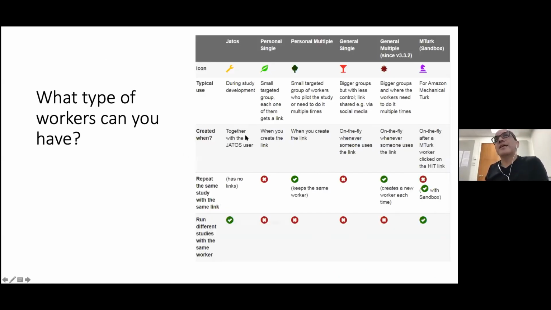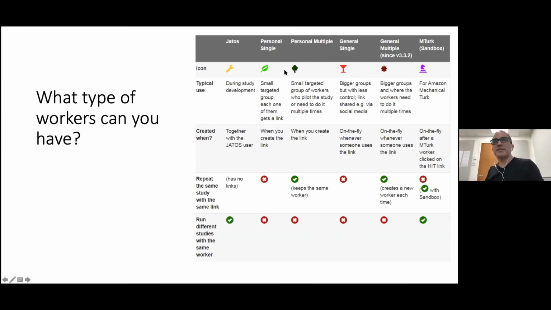So here are the details, but basically what you need to remember is that single means only one click allowed, and multiple means many clicks allowed. If you're going to put it in social media or on a website, it's better to use general. If you're going to send it directly to your participant, it's better to use personal. That really depends on how you want to manage your experiment.